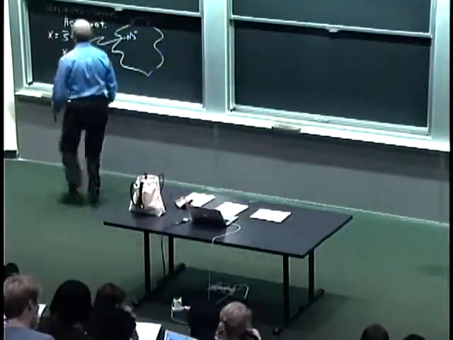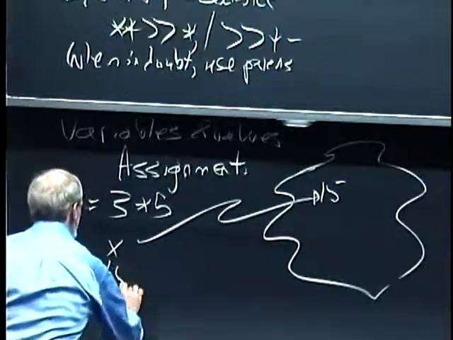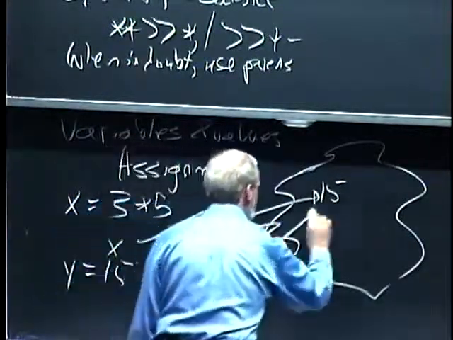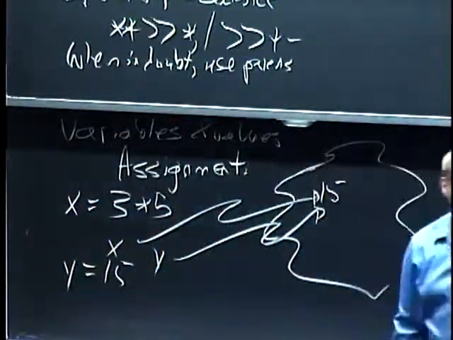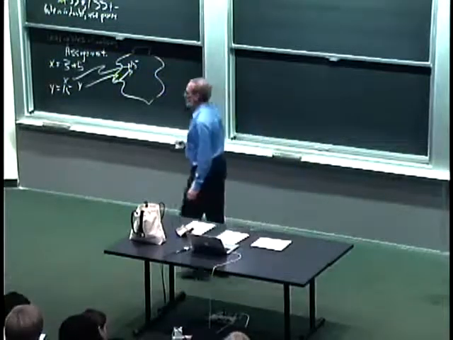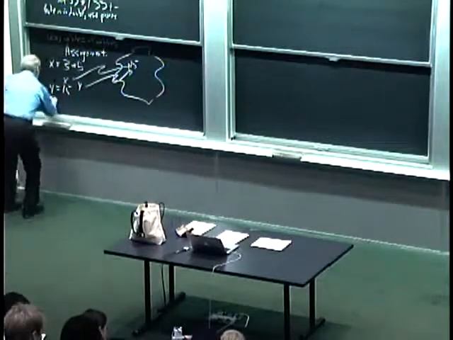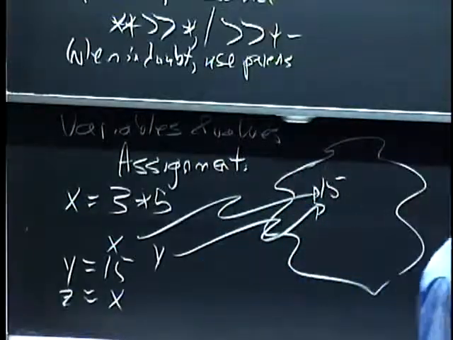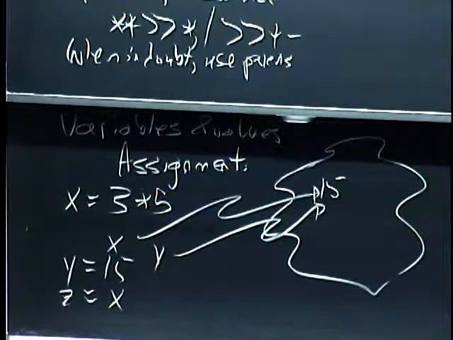I could have, for example, another assignment statement, and that creates a binding from y into that same value. And one of the things I can do as a consequence is have a statement like, let z be bound to the value of x. And I said it deliberately that way.